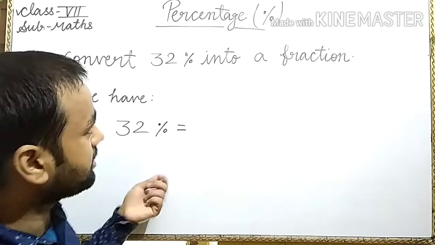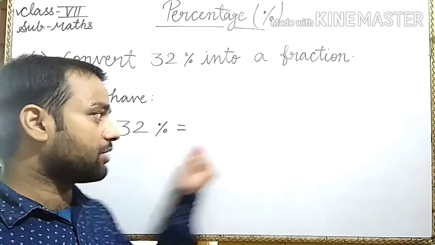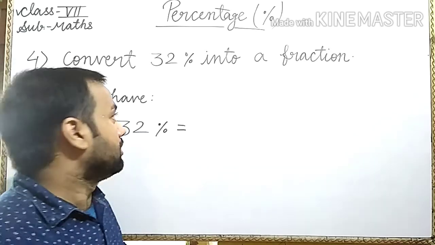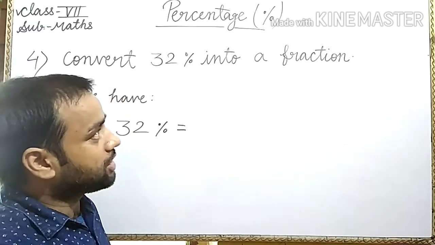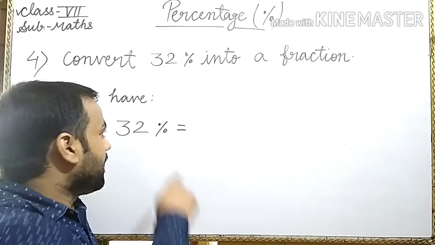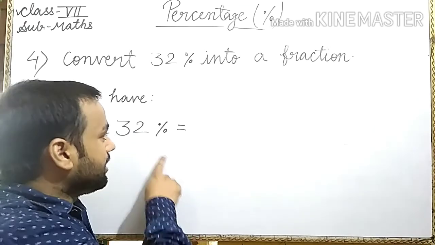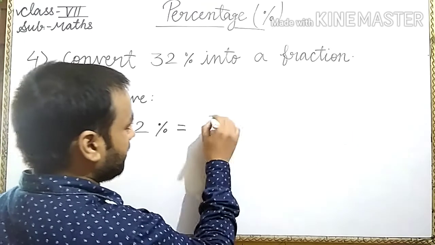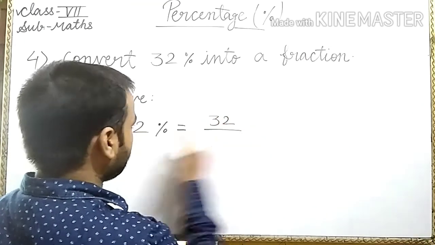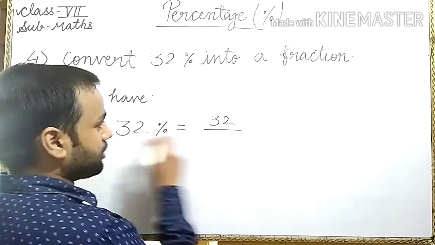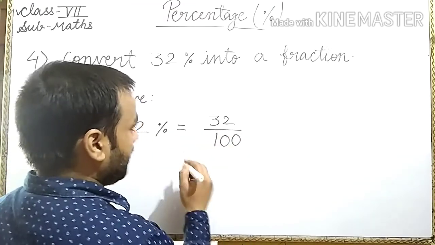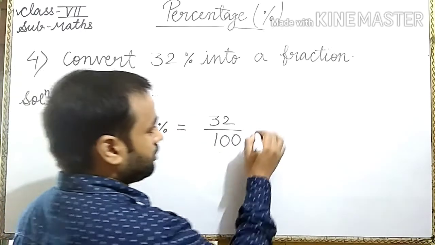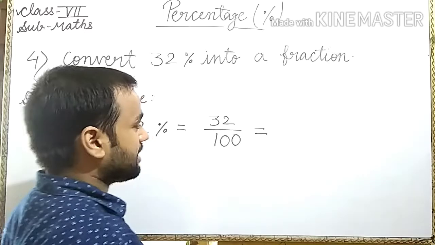Here the concept changes: a percentage is converted to a fraction. The rule is that to convert any percentage into a fraction, we divide it by 100 and remove the sign of percentage. So divide 32 by 100 and remove the percentage sign. Now cancellation.